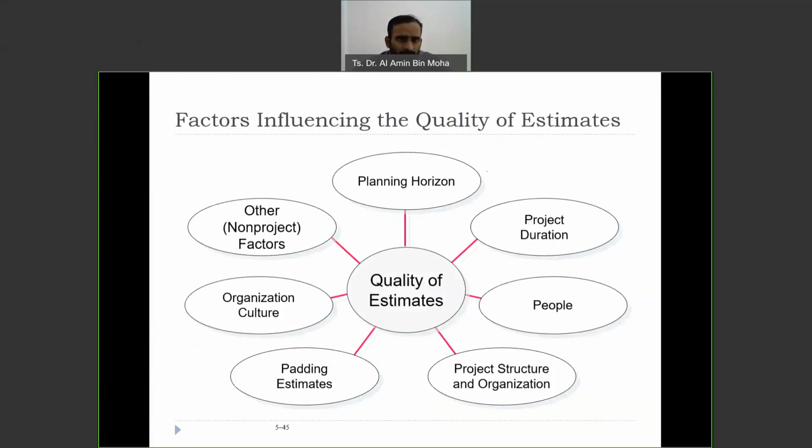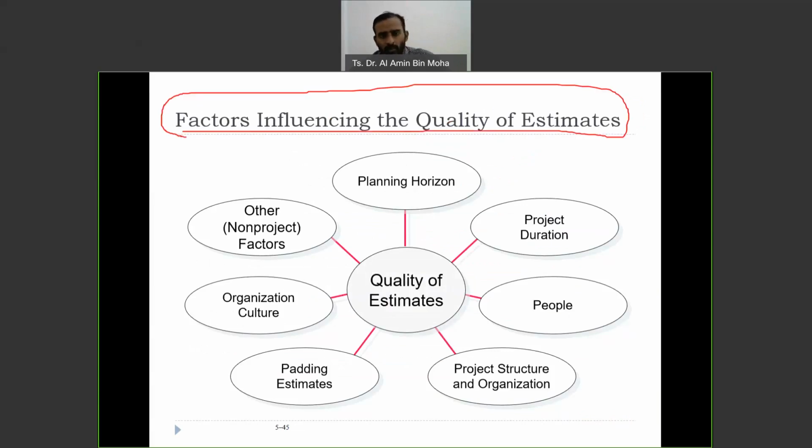So these are the factors influencing the quality of estimates. When you want to estimate, you need to consider these things because they are going to impact the estimates that we get. Planning horizon, the perspective of your planning, and project duration.